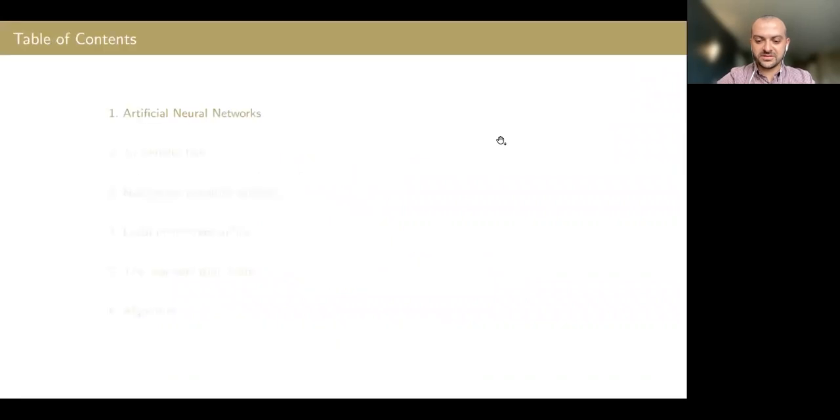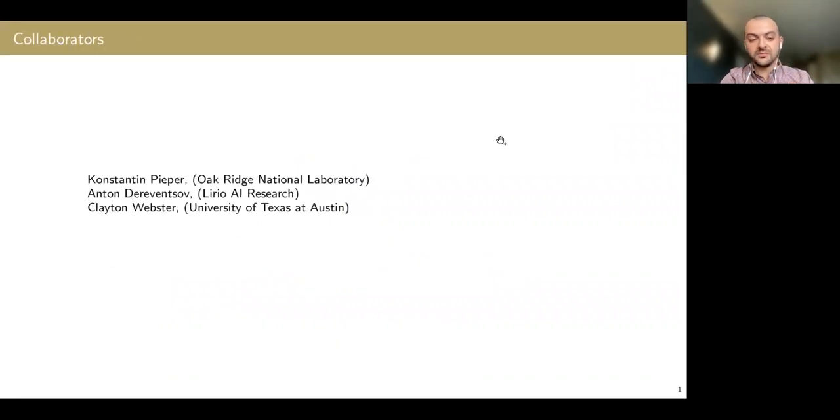This work was conducted when I was at Oak Ridge National Lab doing a postdoc. Initially I was working with Clayton Webster and Anton Birentsov, so part of the work was in collaboration with them, and then later on I worked with Konstantin Piper, and we finished this project together.